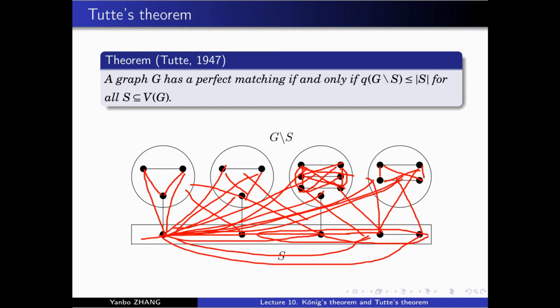The black edges exist in each component. In each component, we can find such black edges because each component is a complete graph.